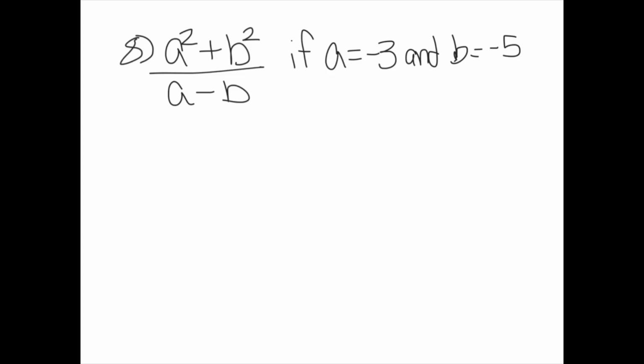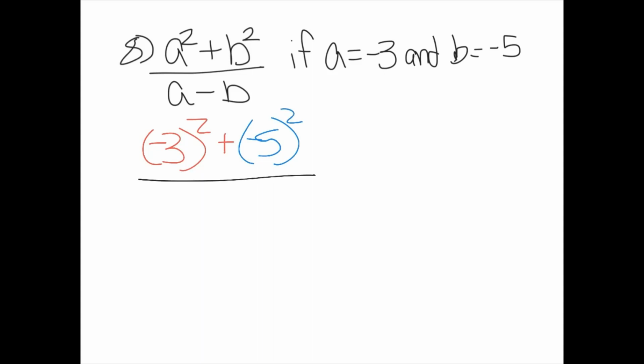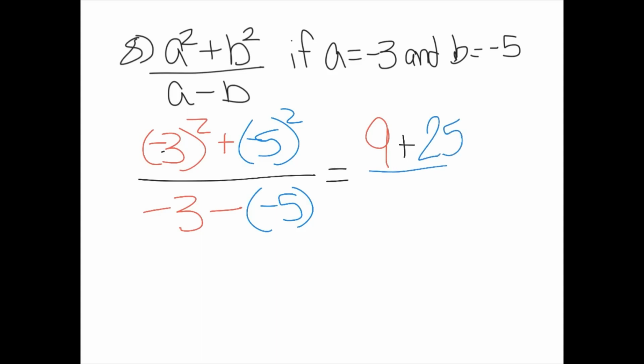All right, number 8. This is in fraction form, so we substitute everything inside for a: negative 3 squared plus negative 5 squared, over negative 3 minus negative 5. Negative 3 squared is positive 9, and negative 5 squared is positive 25.